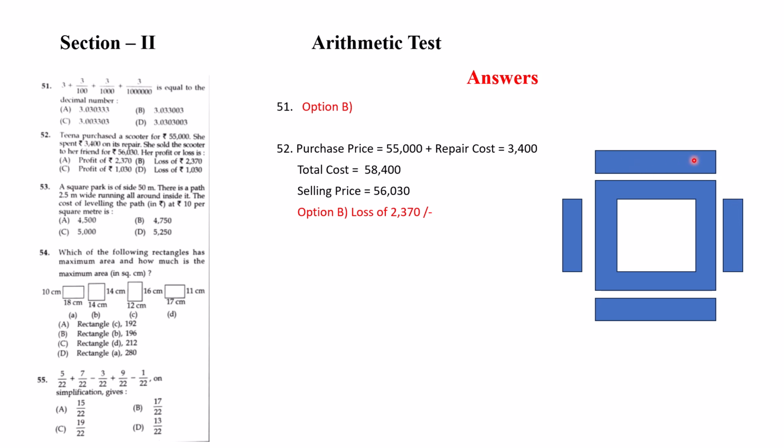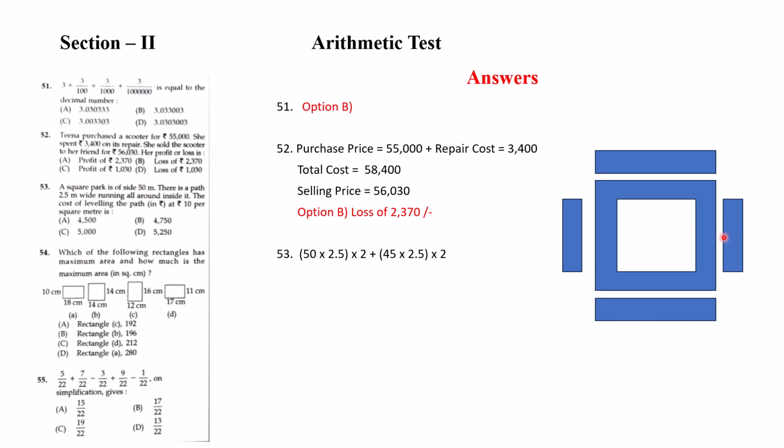This is 50 meters, this is 50 meters, this is 45, this is 45, and the width we know is 2.5 meters. Now when we calculate the area of these individual rectangles, this is 50 length into 2.5 width. Like that we have two rectangles, that is 50 into 2.5 into 2.